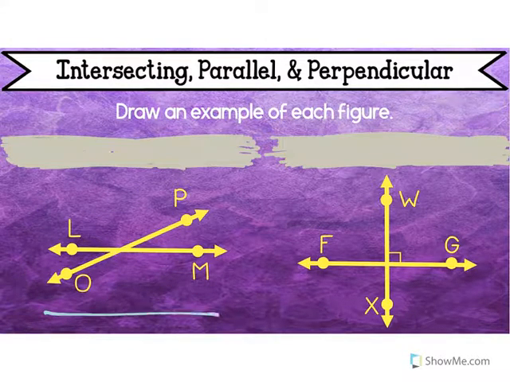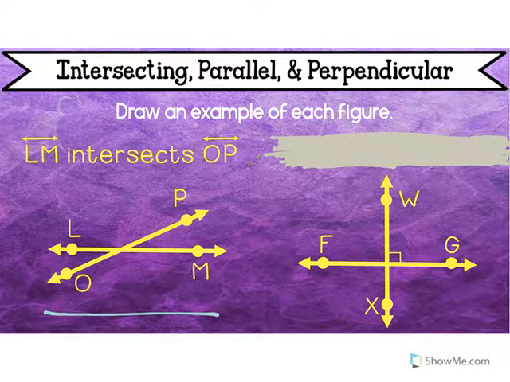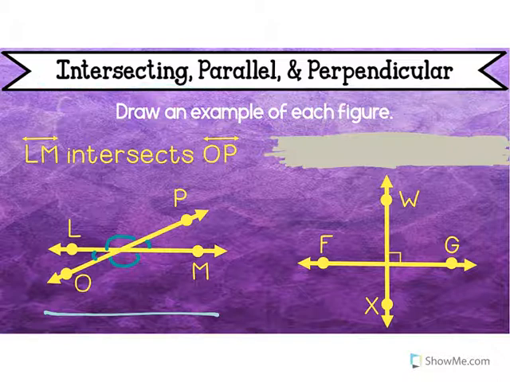What is this one? Is it intersecting, parallel, or perpendicular? You're right. It is intersecting. You can see obtuse angle, acute angle, acute angle. Are there any right angles? No, there aren't. And they crossed each other, so it can't be parallel, which makes it intersecting.